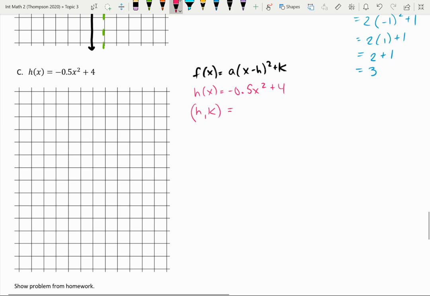The x-coordinate of my vertex, the h value, is always whatever I add and subtract here to x. But I don't add and subtract anything here to x. So it's going to be 0. My k value is 4.